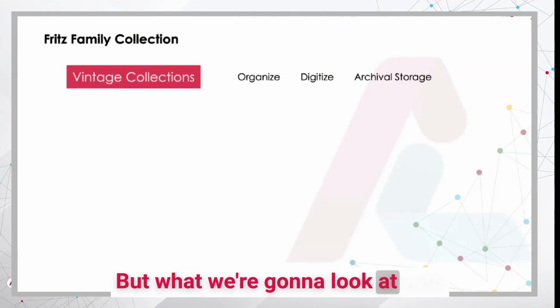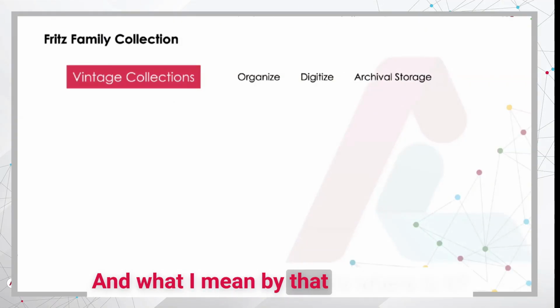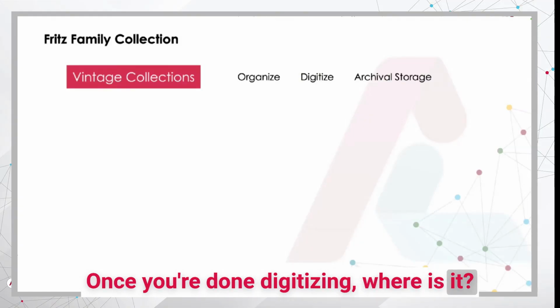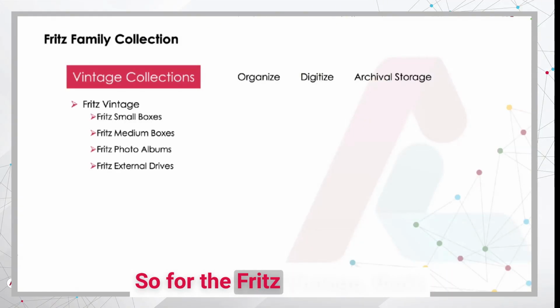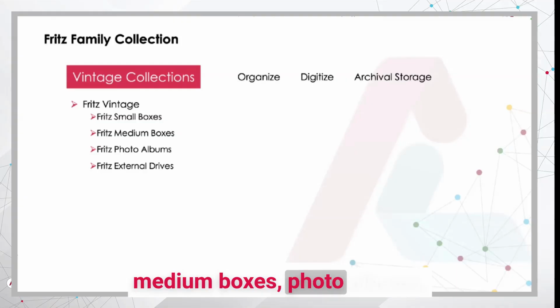But what we're going to look at with vintage collections is the storage. And what I mean by that is where is it? Once you're done digitizing, where is it? So for the Fritz vintage, that's going to be my first subfolder. Then I have small boxes, medium boxes, photo albums, external drives, all that fun stuff.